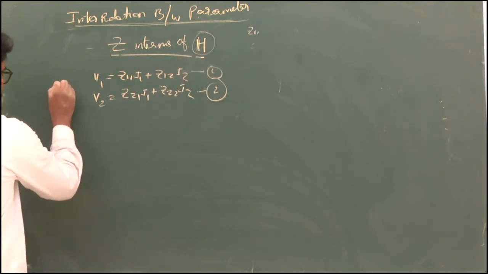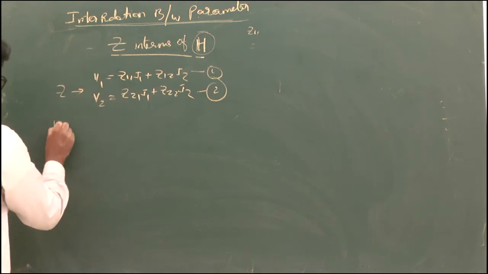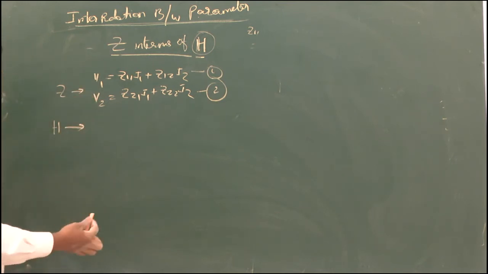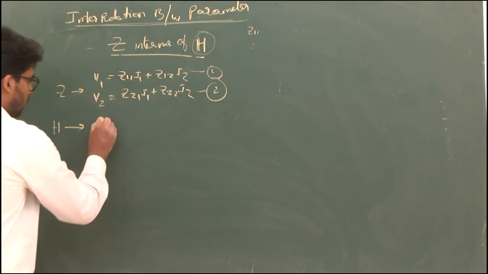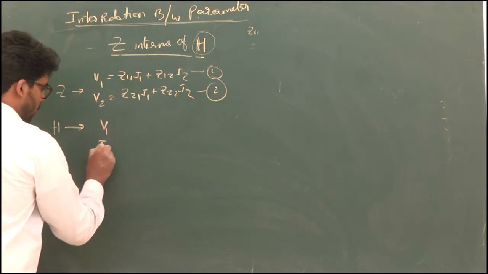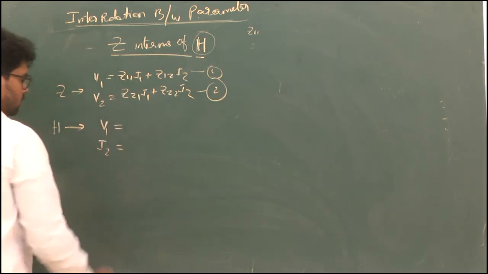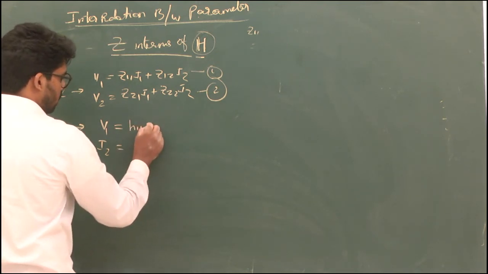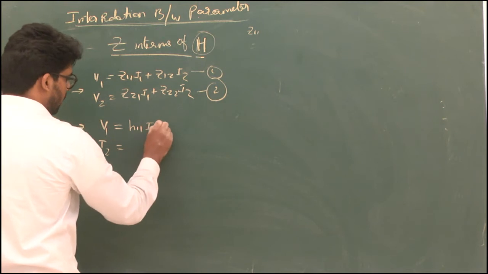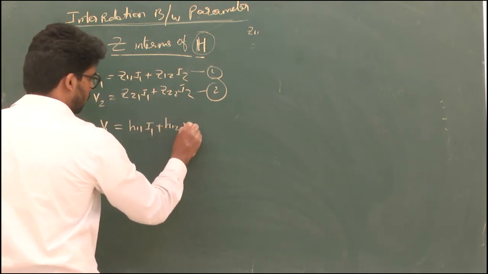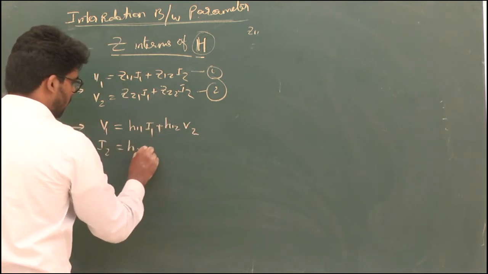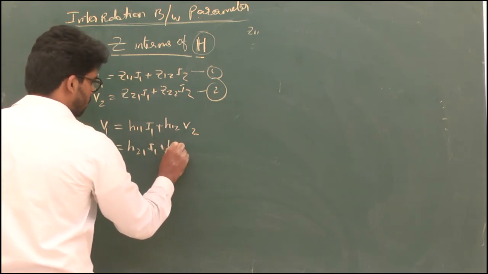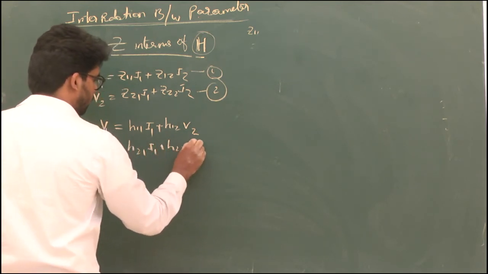For H parameters, the dependent variables are V1 and I2, so V1 equal to H11 I1 plus H12 V2 and I2 equal to H21 I1 plus H22 V2.